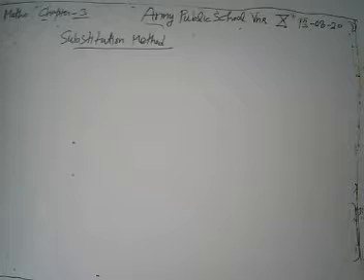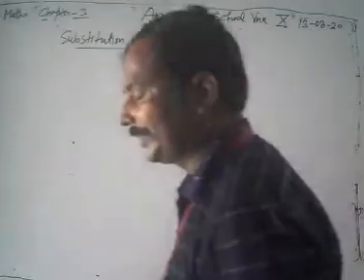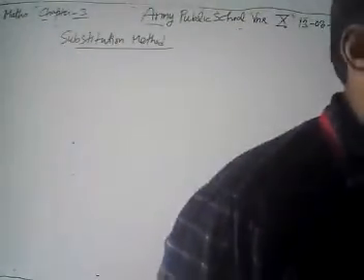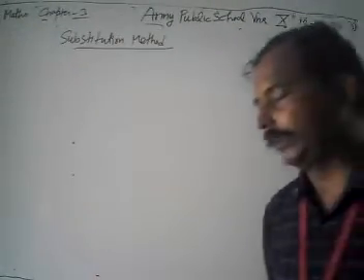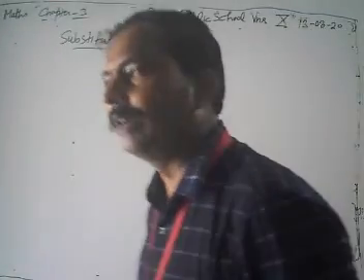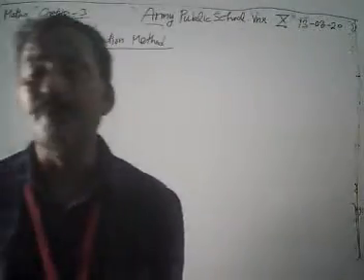Now look, what we have to do in the substitution method. Since we are discussing pairs of linear equations in two variables, first of all we have two equations: a1x plus b1y plus c1 equal to 0, and a2x plus b2y plus c2 equal to 0.